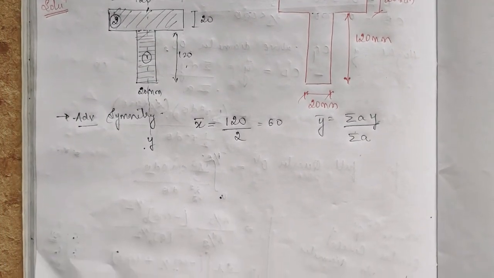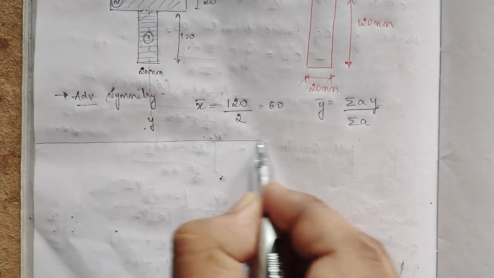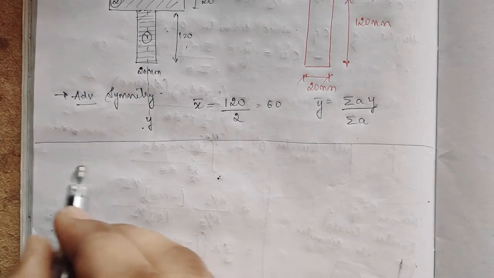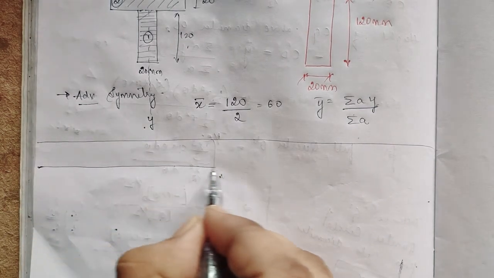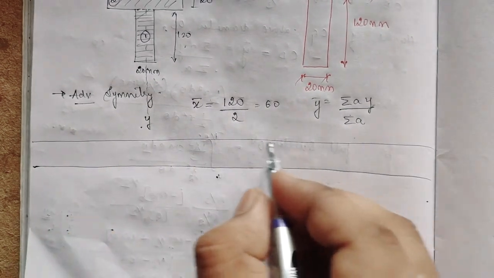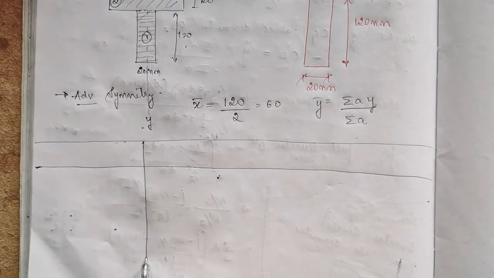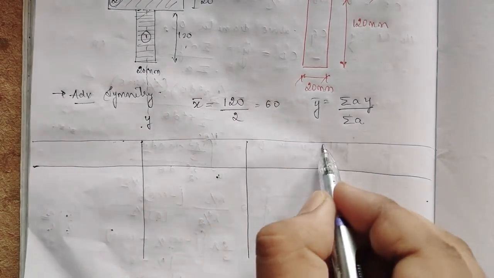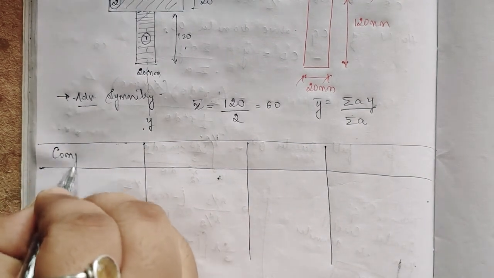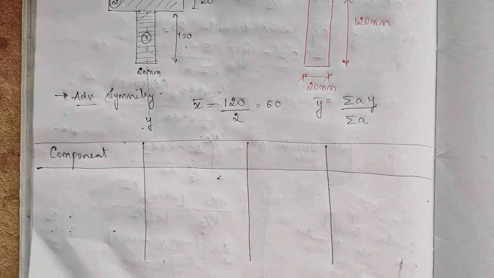Now we will tabulate. Either I can go on substituting the formulas, or for easy understanding and without confusion, I'll make 4 columns. These are the 4 columns. First one I'll take as component, whatever the component it may be.